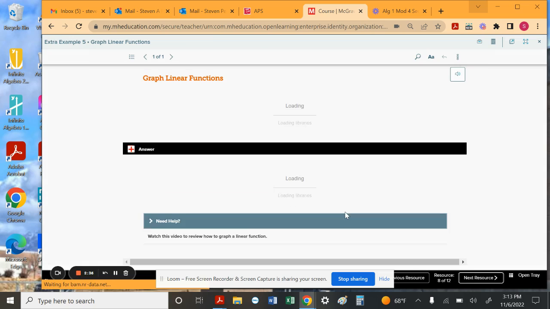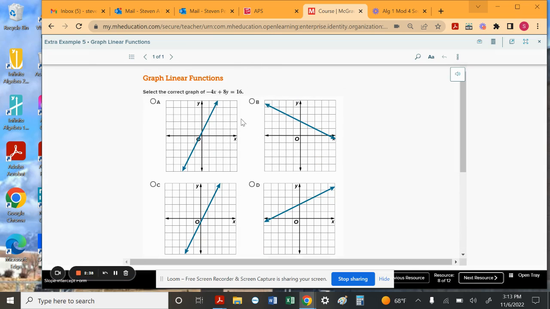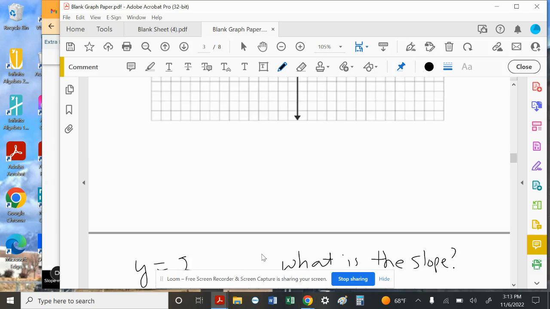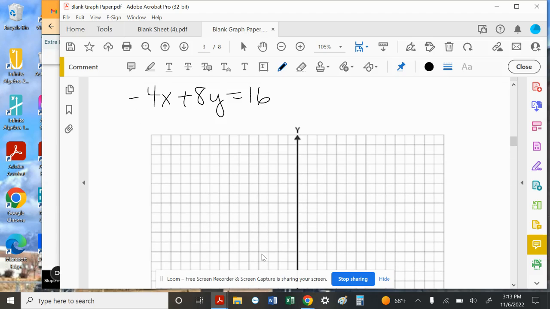Okay, next one, graphing linear functions. We're going to go ahead and do an example here. So we have negative 4x plus 8y equals 16. Before we get started, we have to go through and graph that. We have to solve for y. So to solve for y, I'm going to add 4x to both sides. So if I add 4x to both sides, that's a plus.